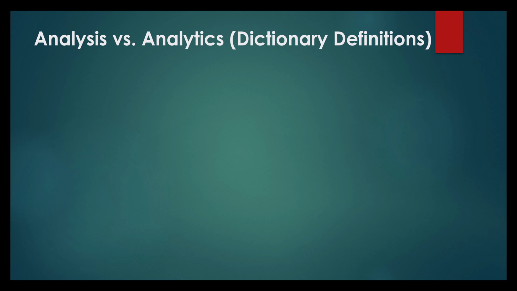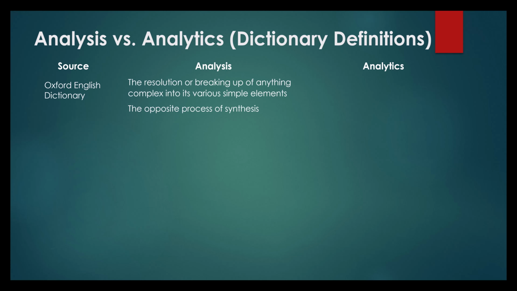Now, let's take a step back and talk about the word analysis versus analytics. What are some dictionary definitions? So, Oxford English Dictionary: analysis is the resolution or breaking up of anything complex into various simple elements, the opposite of synthesis.